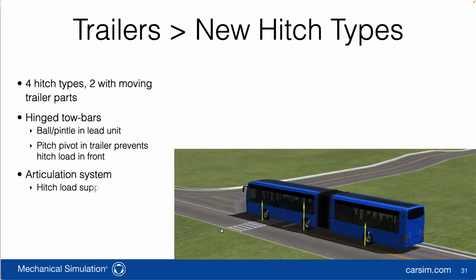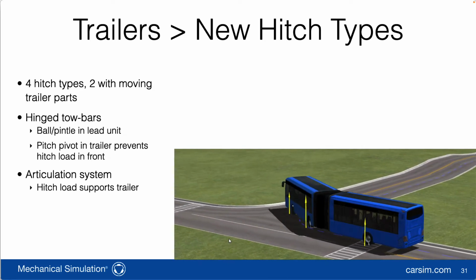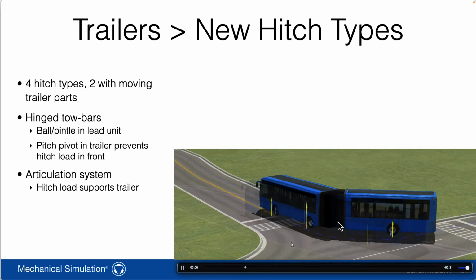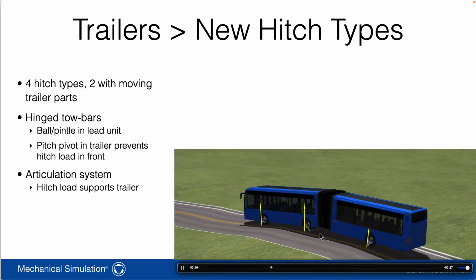Another type is an articulation system used in articulated buses. In this case we have to have load carried by the hitch because there's only one axle in the back. So the hitch has to support the load.